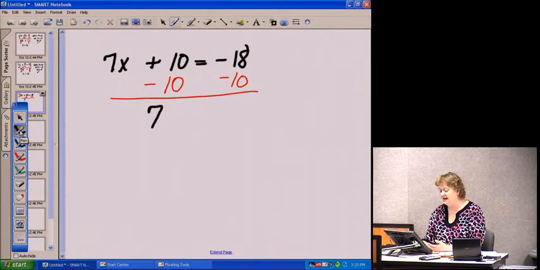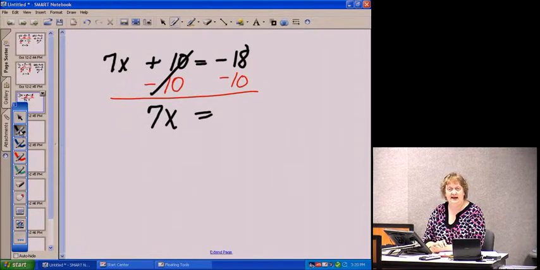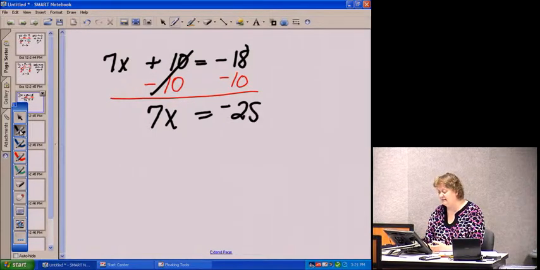That leaves us 7x on the left because those 10s cancel out. They're undoing each other. Then on the right-hand side, we combine our like terms. Negative 18 and a negative 10. The signs are the same, so we're going to add and keep the same sign. Be very careful as you're doing these.